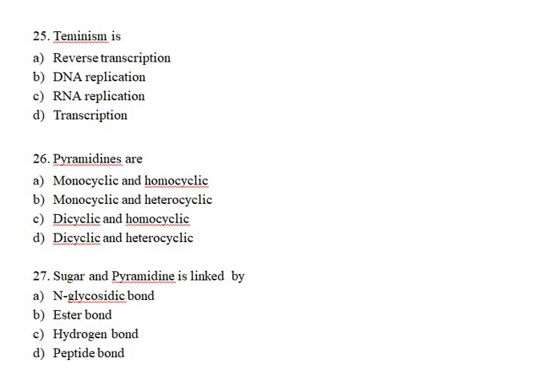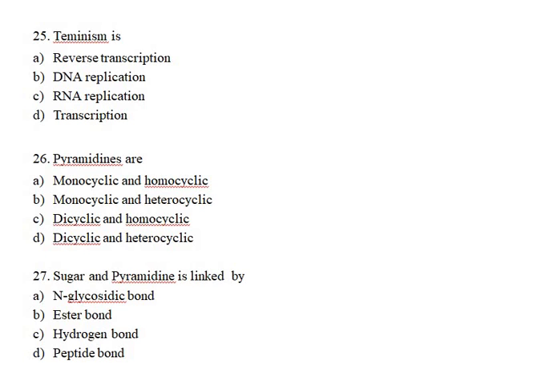So reverse transcription is the process that was discovered by a scientist named Temin. That's why this reverse transcription process is also called Teminism. So what is reverse transcription? The synthesis of cDNA from RNA is called reverse transcription. So 25th question, option A is the right answer. Reverse transcription is also called Teminism.